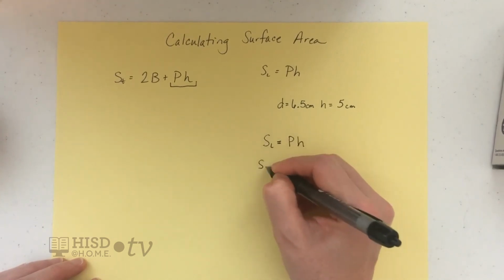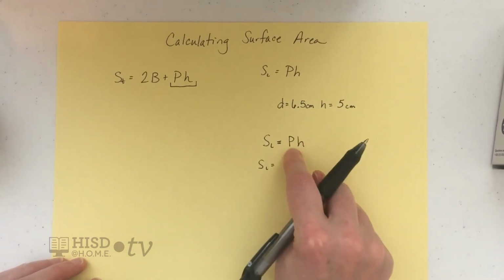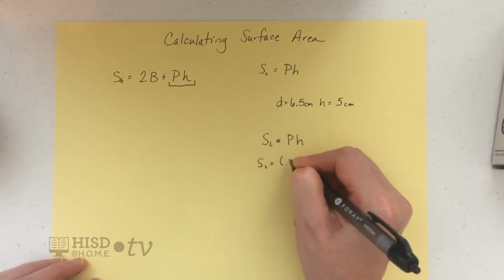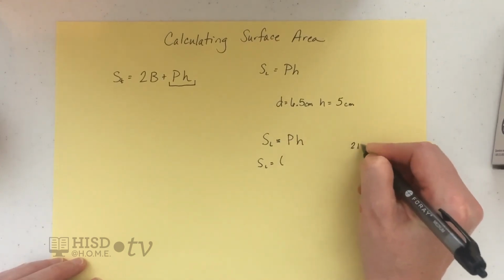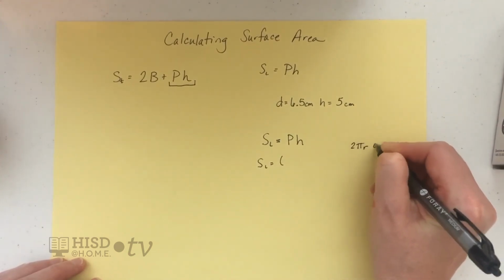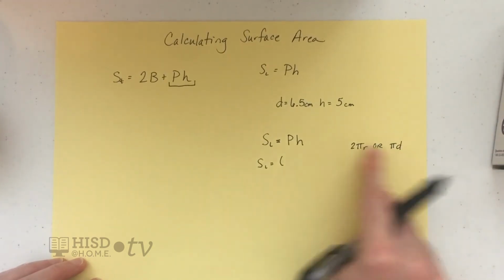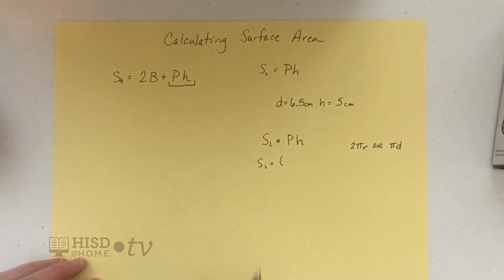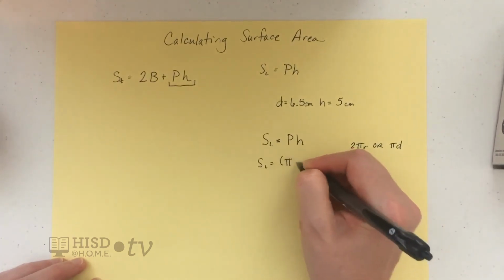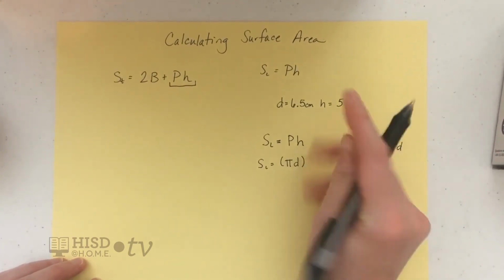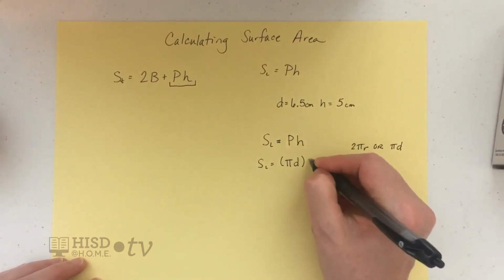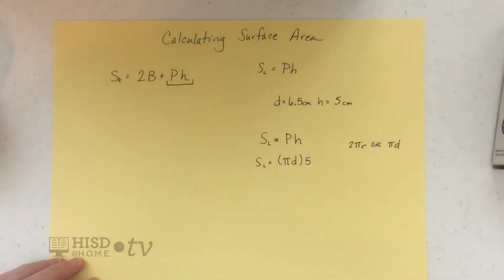So let's go ahead and write in the formula for circumference, which is either 2 pi r or pi d. I'm going to use pi d because I know my diameter. So pi times our diameter times the height of my cylinder.